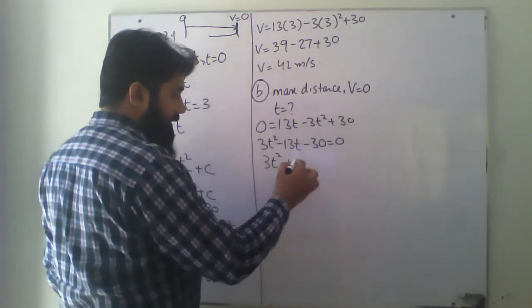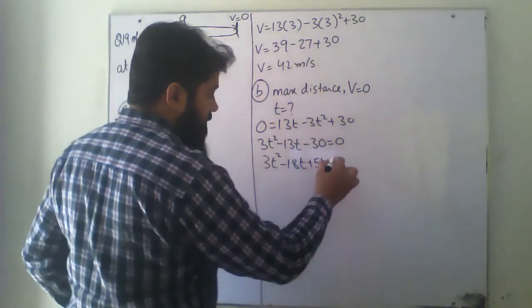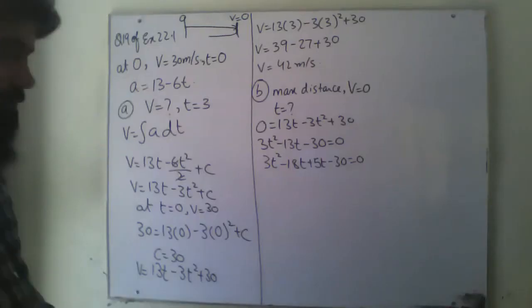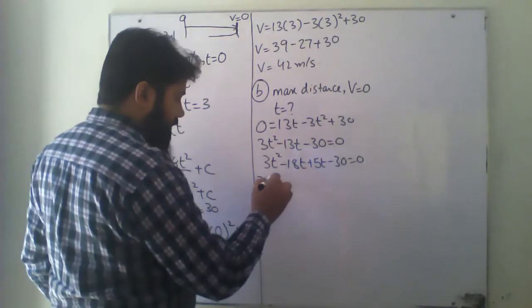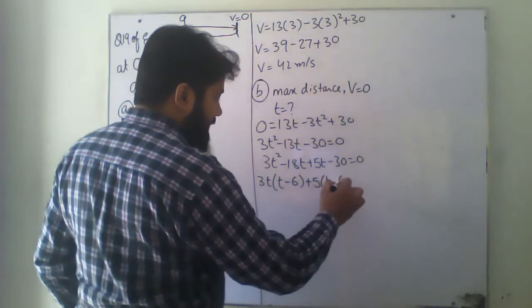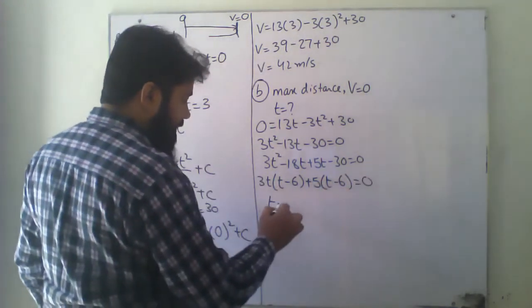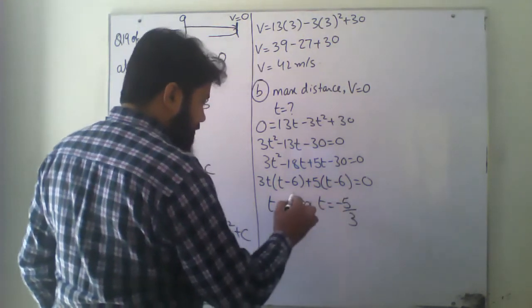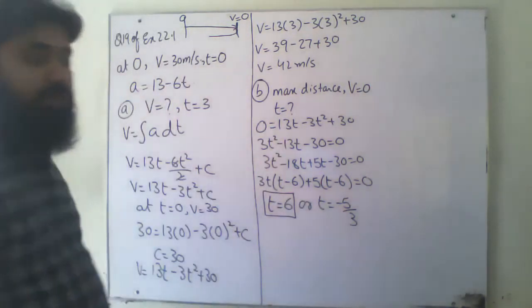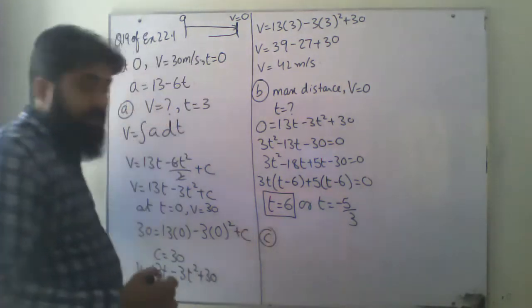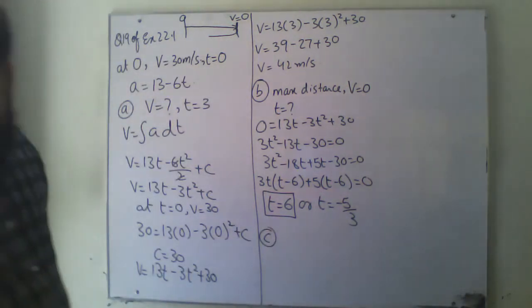So that will be minus 18t plus 5t minus 30 equals to 0. 3t common, t minus 6, plus 5 common, t minus 6 equals to 0. So t will be equals to 6 or t will be equals to minus 5 over 3. This cannot be taken. So t equals to 6 will be the time at which the body will be at maximum distance.